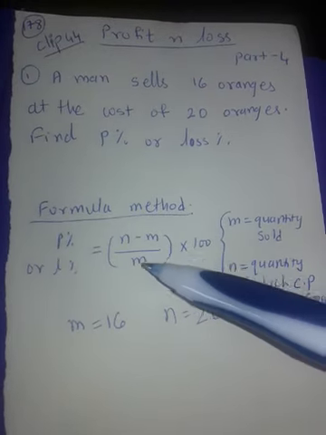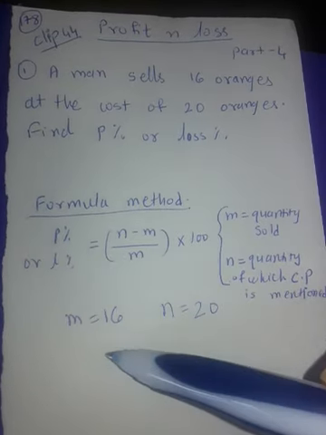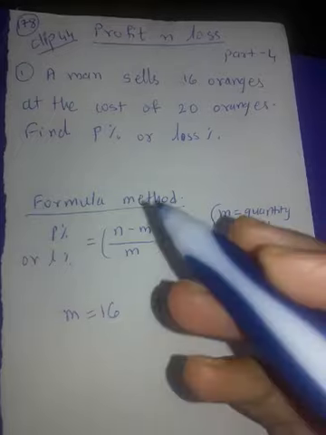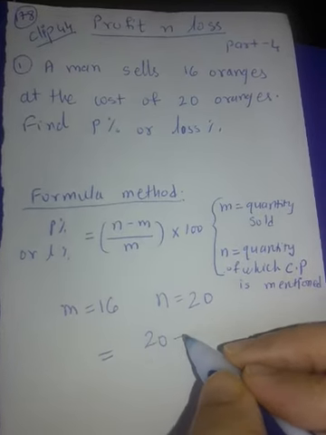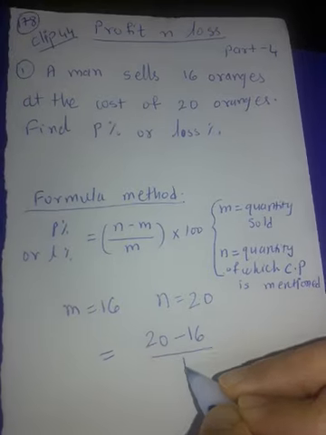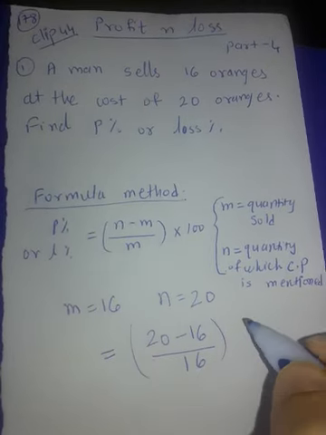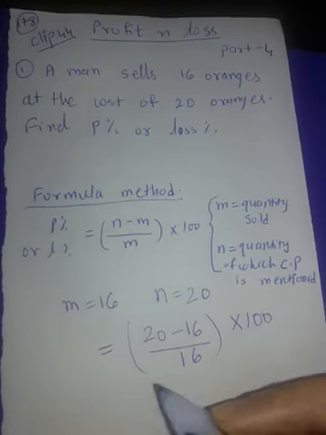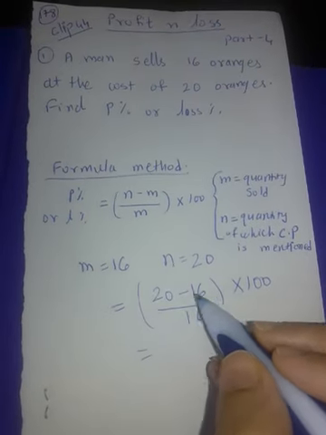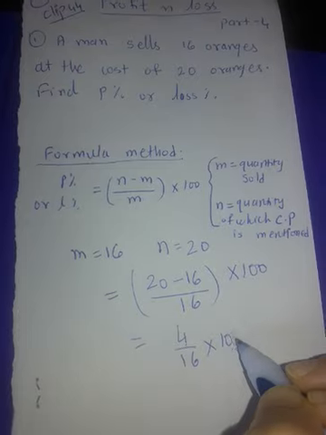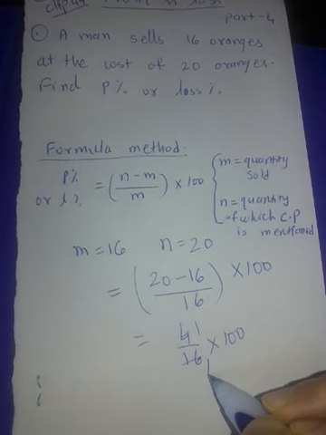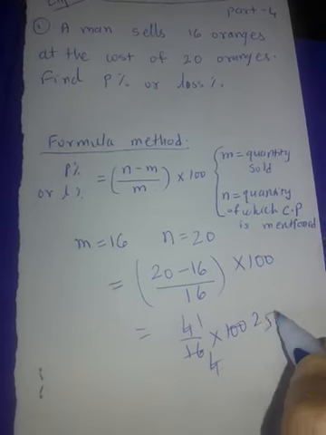So now we already have the values of m and n. We will substitute in this formula. N is 20, minus 16, upon 16, into 100. 20 minus 16 is 4. 4 upon 16 into 100. 4 ones are 4, 4 fours are 16, this is 25.